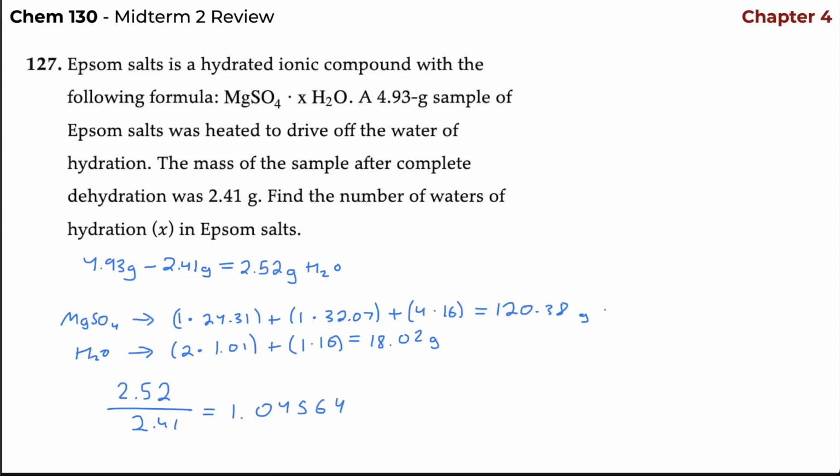Multiply this times 1.04 and so on. Let me type it into my calculator. And that's going to give us 125.87, some decimal, right?